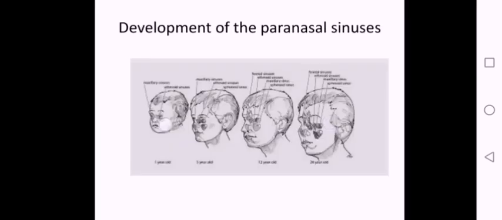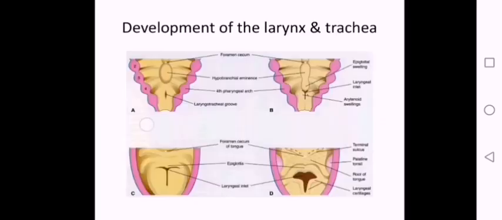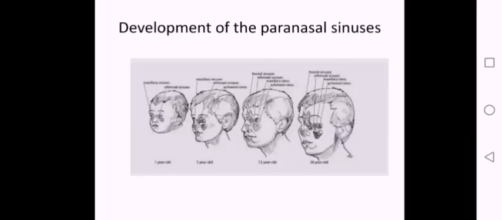Okay, we only have the maxillary nasal sinus when we are born. However, at the age of 2 years, other paranasal sinuses begin to develop as an outgrowth from the lateral wall of the nose, as pockets evaginate from the lateral wall of the nose.